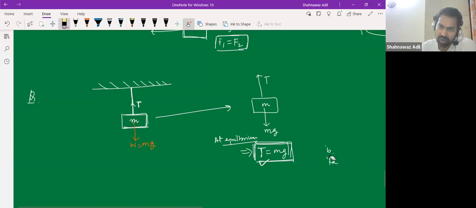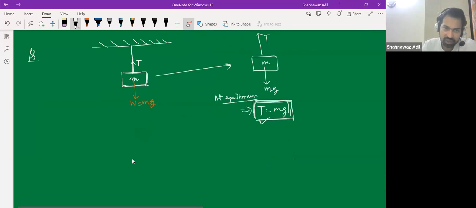Now, what happens if you pull this string? Initially it was at this position, but now you are applying some force in this direction, some force which is 50 Newton, at some angle theta.